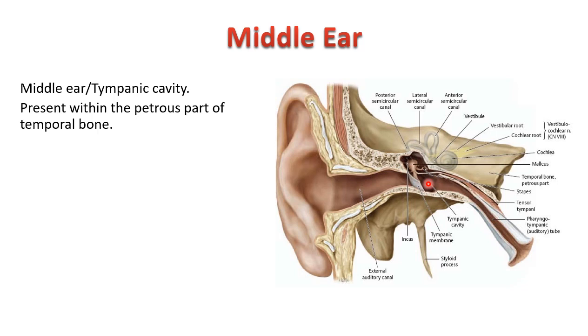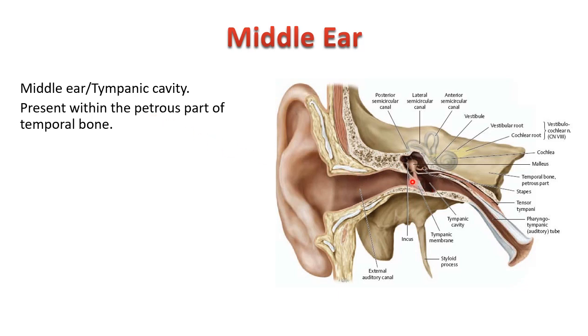The temporal bone has four parts: the petrous part, the squamous part, the tympanic plate, and the mastoid part. The petrous part is very hard, like ivory. That is why the name petrous.